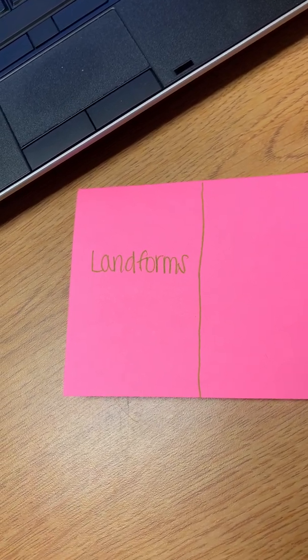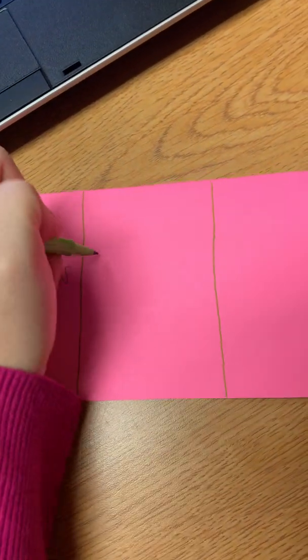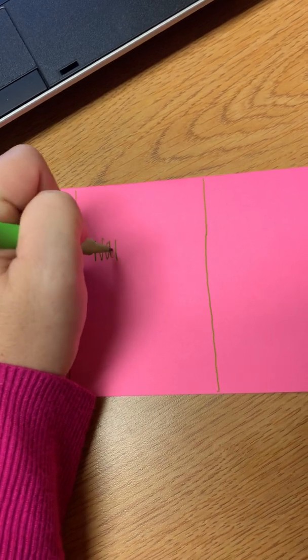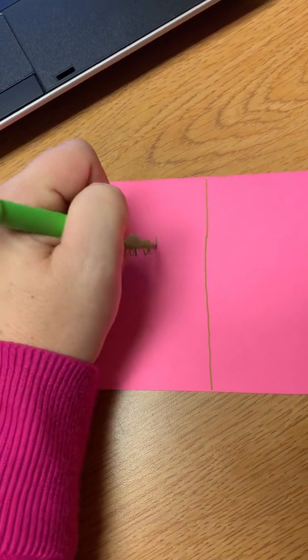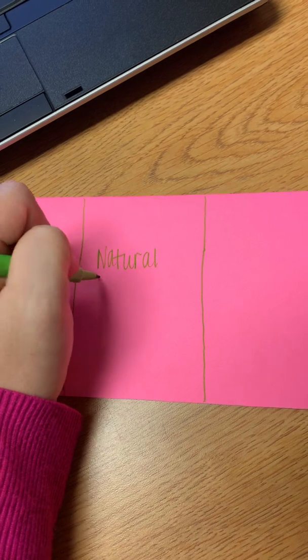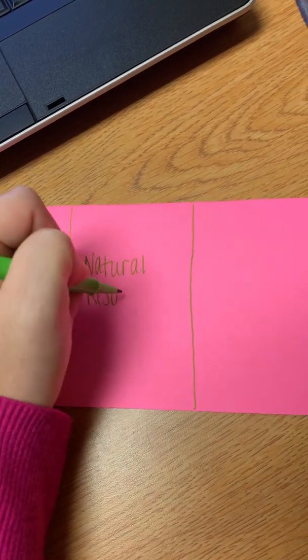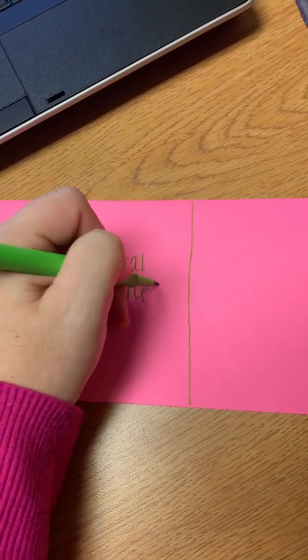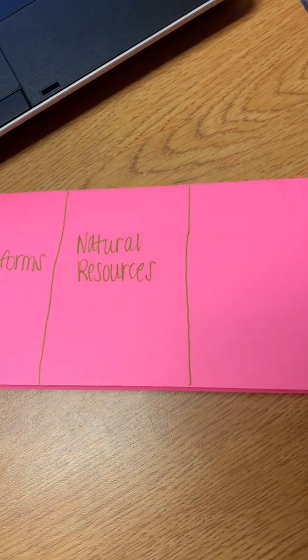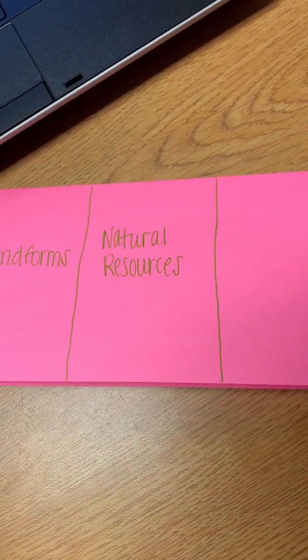You can pause your video so you can see how to spell it and then move on to the next one. The next portion is going to say natural resources. Pause the video if you need a little time to spell, but I'm going to move on.